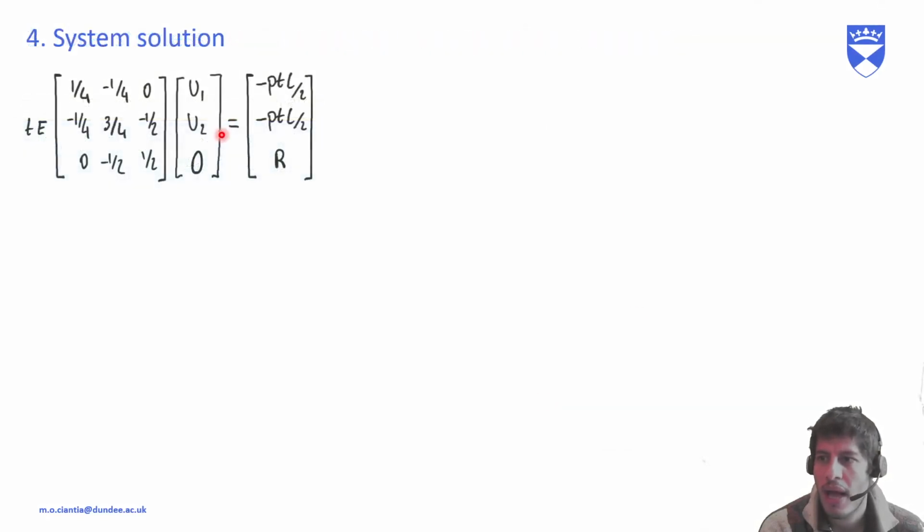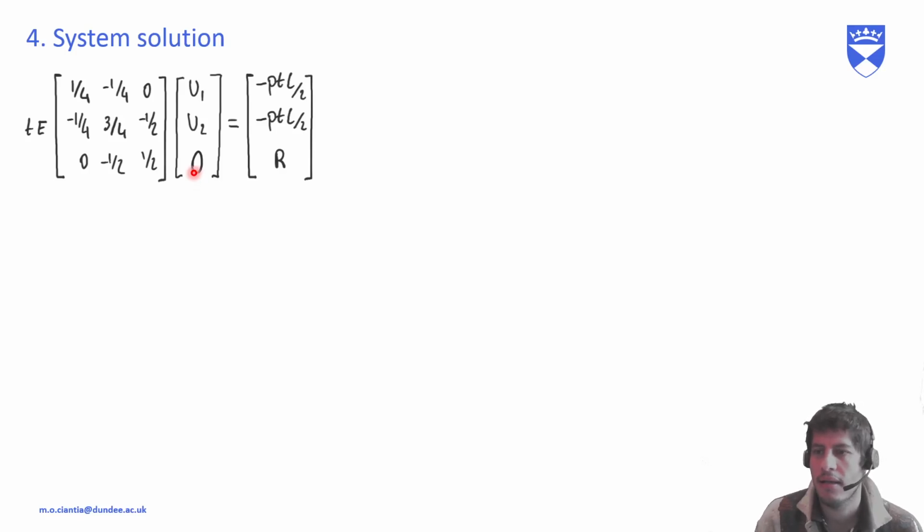So once we have our system to solve, we can write our global stiffness matrix in terms of the element stiffness components. Then we had our nodal displacements, and U3 was actually 0.